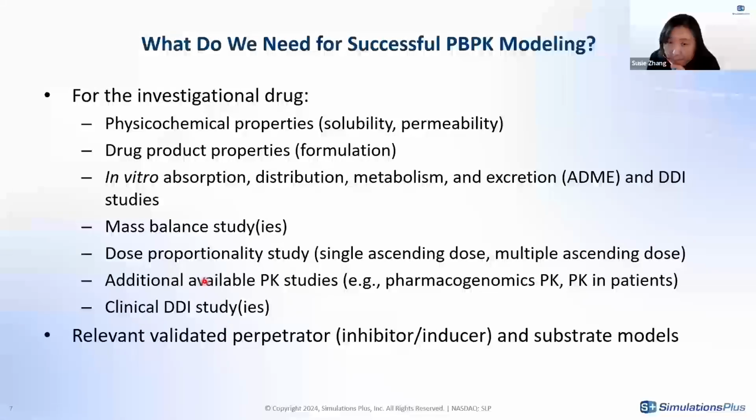And do we have PK in patients, and whether the PK in patients and the healthy volunteers are similar? And of course, clinical DDI studies. So those are the basic studies that are needed for model development and validation. And of course, for DDI evaluation, you will also need relevant, validated perpetrator models and substrate models.